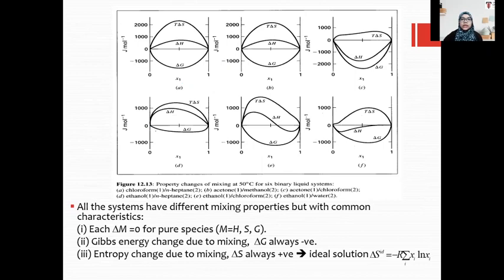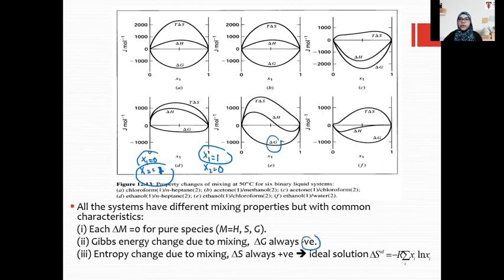If we look at the pure species, for example X1 equal to 0, where the pure species is component 2, or X1 equal to 1 and X2 equal to 0, that means for the pure species we obtain delta M equal to 0 for all the properties. And then the Gibbs energy change due to mixing is always negative.